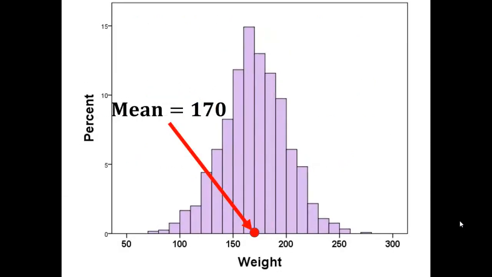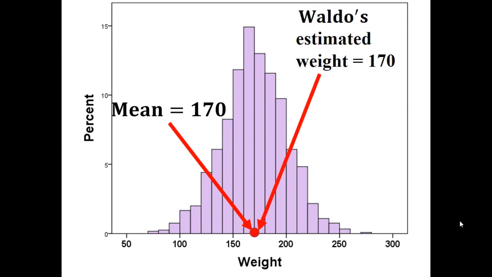For instance, if the mean is 170, a lot of people have scores close to 170, or we can say a lot of people have weights that are close to 170. So if we estimate Waldo's weight to be 170 pounds, we have a pretty good chance of being close to the truth, even though we may not be exactly accurate.